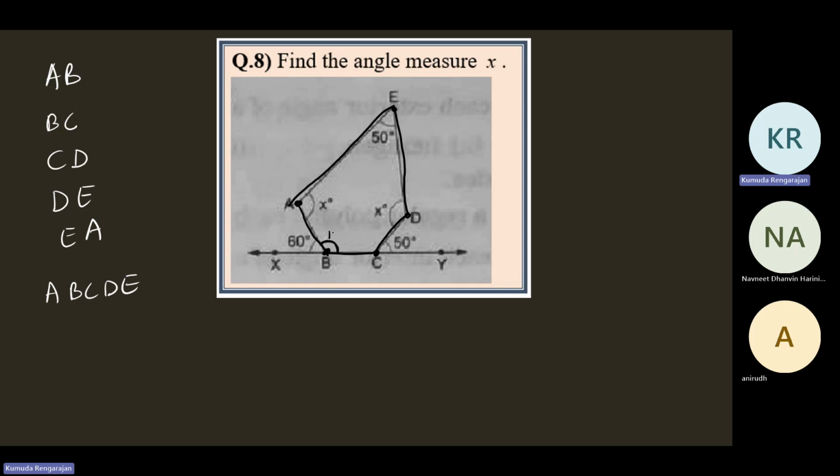Linear pair, 120 degrees. Since it's time, I'm answering it myself. I didn't give you time to think. What's the measure of this angle? Ma'am, 120 degrees, linear pair. 120. One fifty.